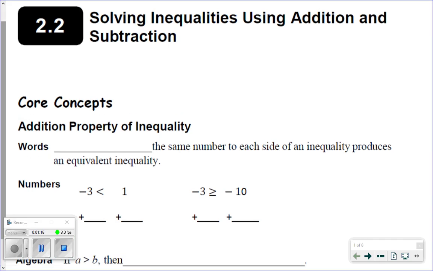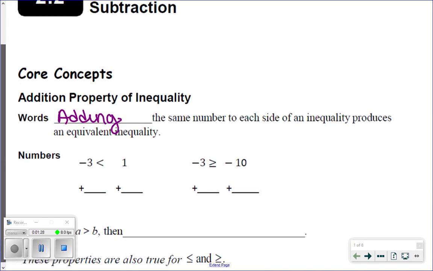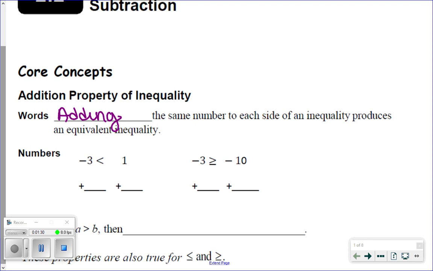And that is that adding the same number to each side of an inequality produces an equivalent inequality. So essentially, the relationship between the two sides remains the same as long as you add or subtract the same quantity on both sides. So to use an example here, we have a statement that we know is true.